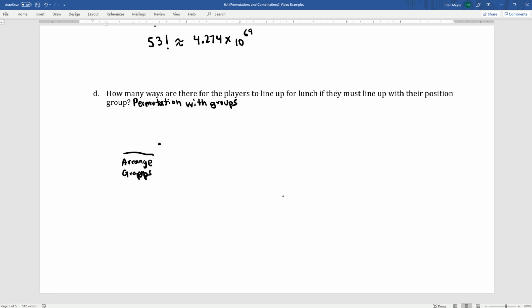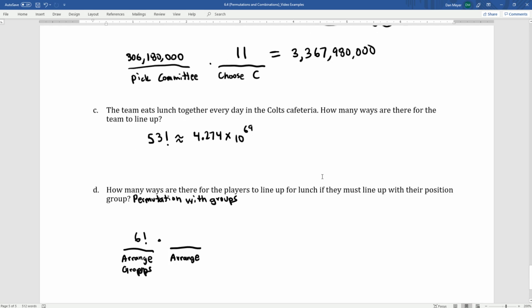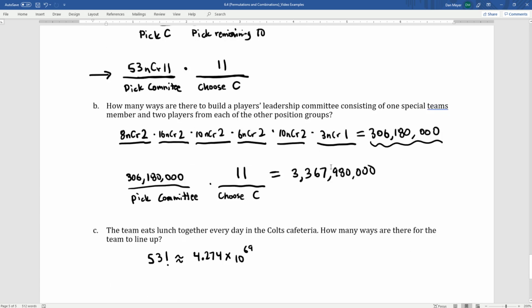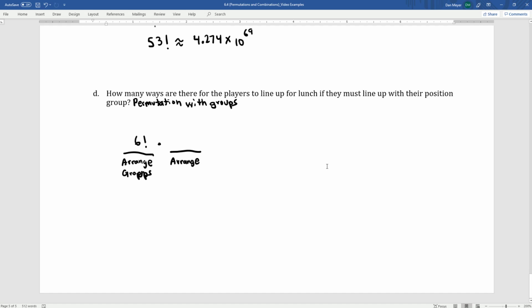There are 6 factorial ways to arrange the groups. And then we have to arrange within each group. For instance, the offensive linemen. There are 8 of them, and so there's 8 factorial ways to arrange the offensive linemen.